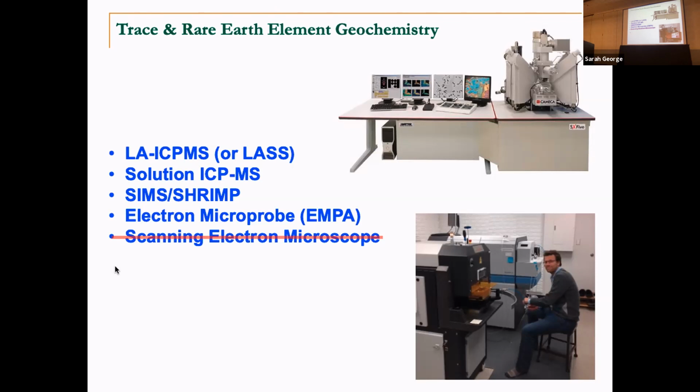They're not going to be able to resolve it. If you have low trace element, low abundances, low concentrations, it's just not going to happen on an EMPA. So laser ablation is probably the simplest way to go, but if you aren't concerned about your super trace elements, you could get away with EMPA.